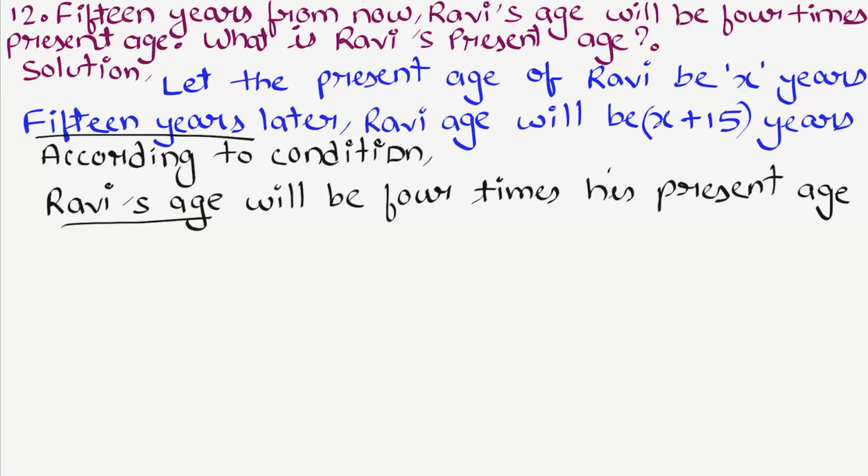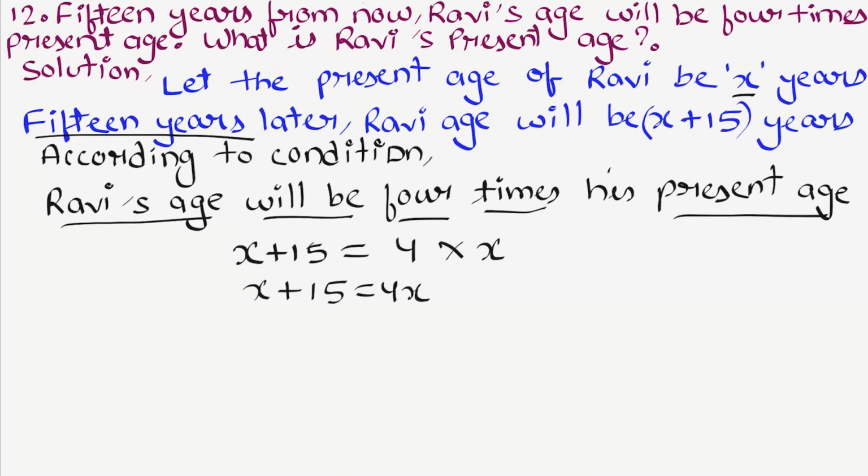So Ravi's age after 15 years, that is X plus 15, will be equal to 4 times his present age, which we have considered as X. So X plus 15 is equal to 4X.